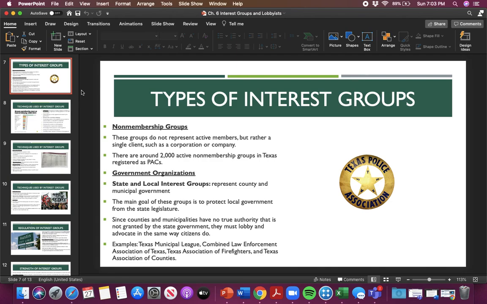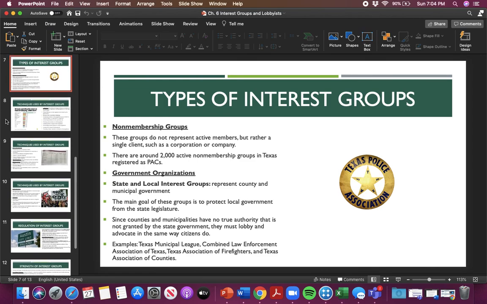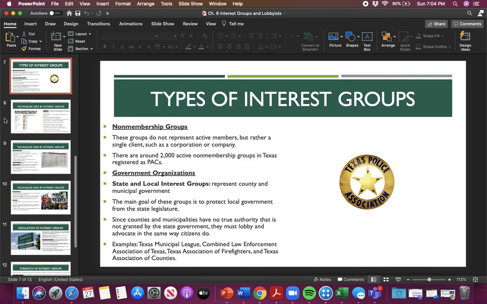And then there are interest groups within government, things like the Texas Police Association, groups that are advocating for people who do a particular kind of work in government, because even those people have to lobby the legislature as well. Police unions have gotten a lot of attention lately, negative attention for the way that they protect their own, even when there's been wrongdoing and things like that.